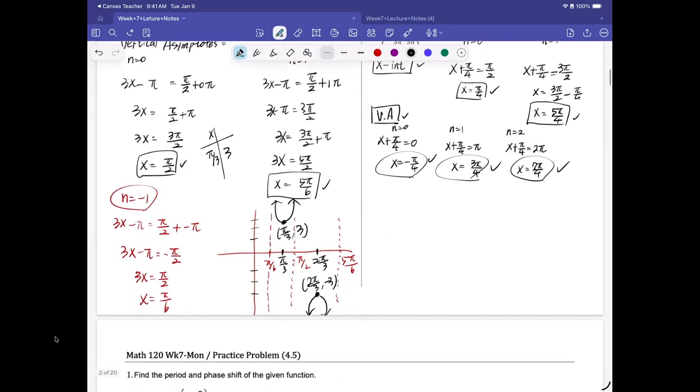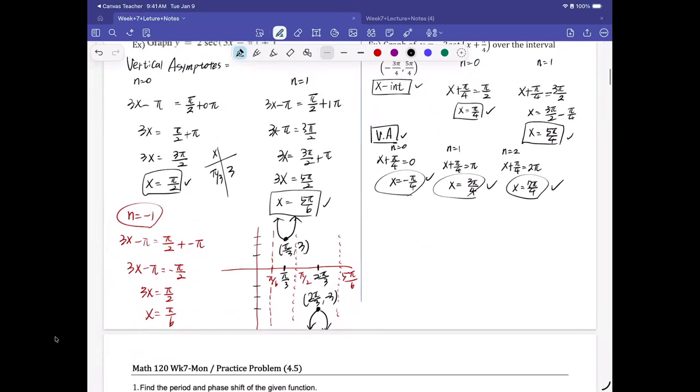So you have to do, I'm going to draw the vertical asymptote first. So negative pi over 4, and then 3 pi over 4, and then 7 pi over 4.